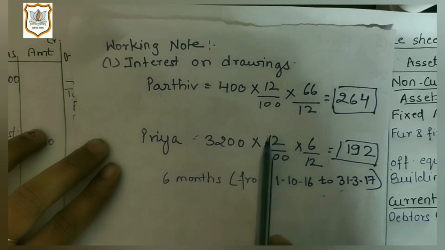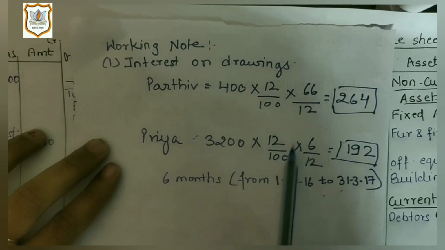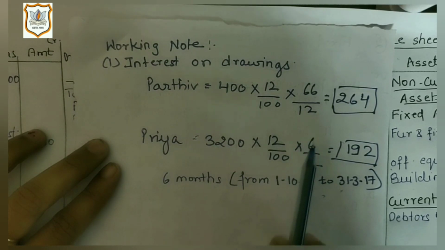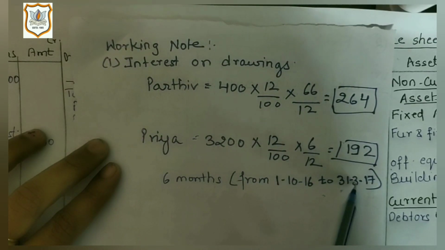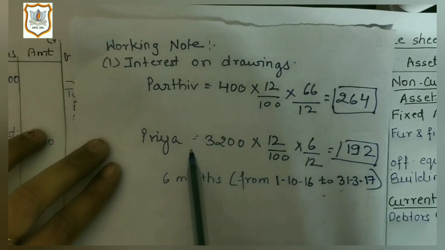And interest rate is 12%. That's why 12 upon 100 multiply by 6 upon 12. That means for 6 months, from 1st October 2016 to 31st March 2017, where our financial year ends. So there are 6 months. So we will get 192 interest on drawing for Priya.